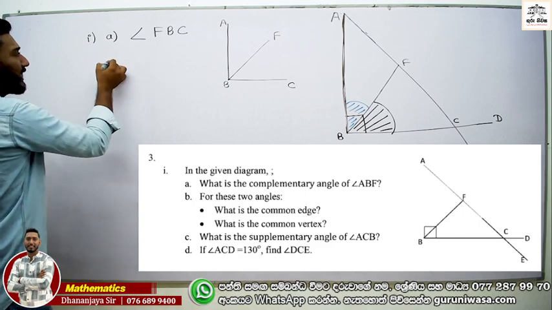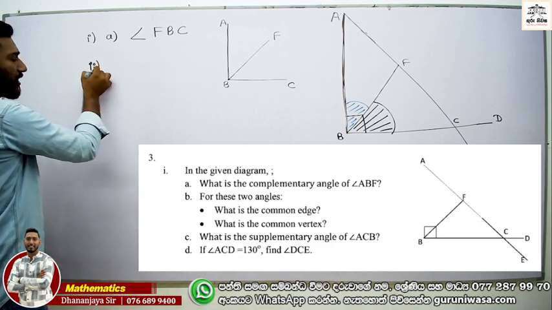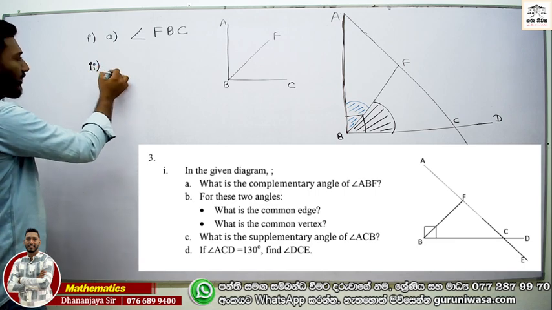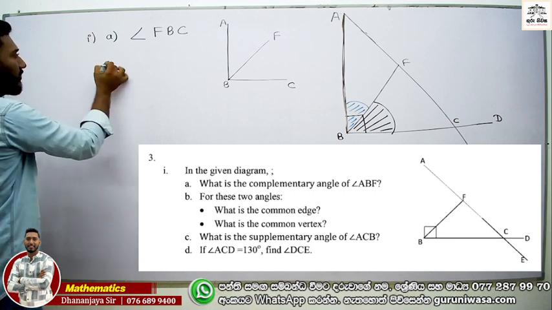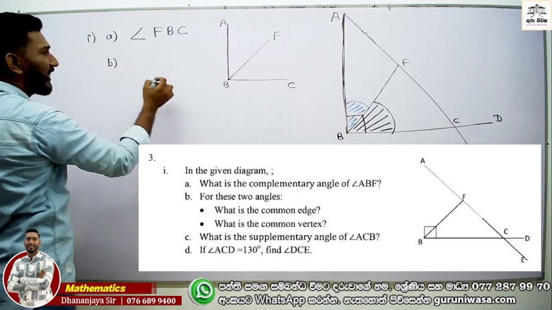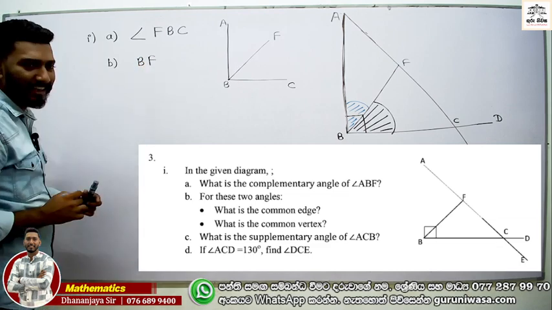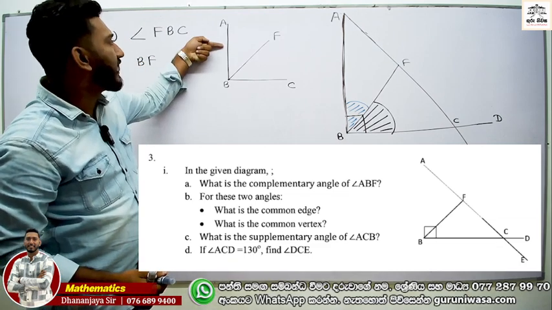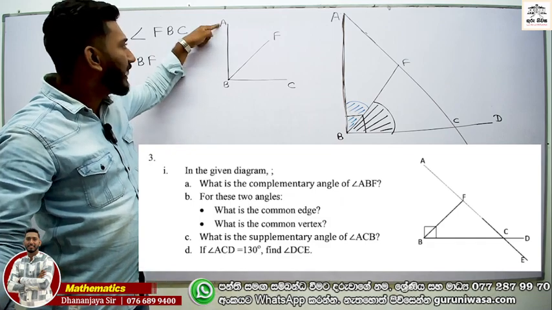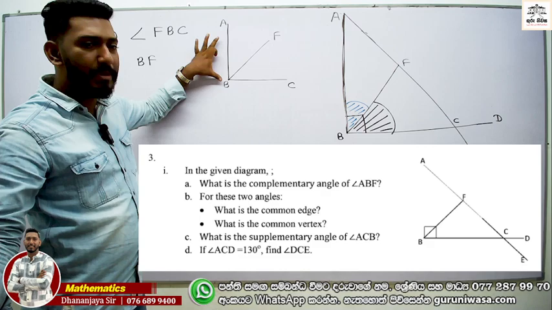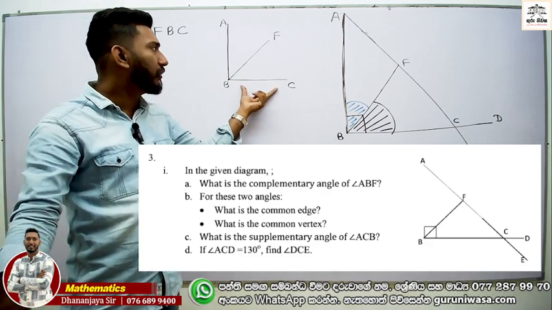How do we write a side? How can you write a side? We mention the side as BF. Now I want you to say this side. How to write this side? AB. This one BC.